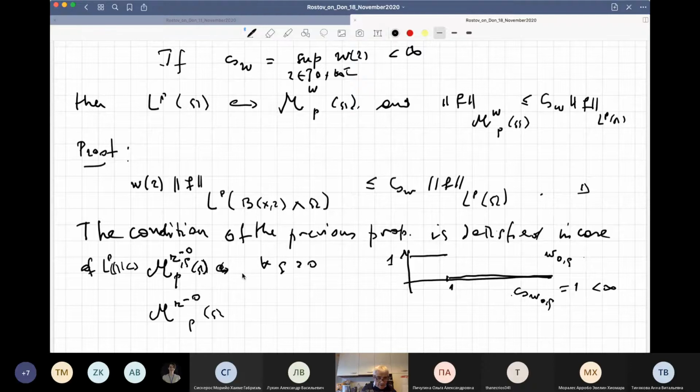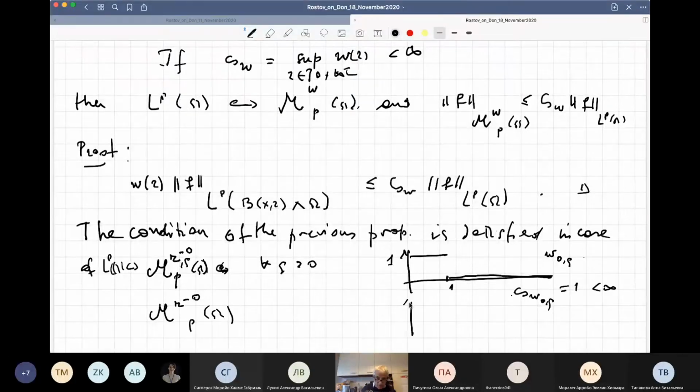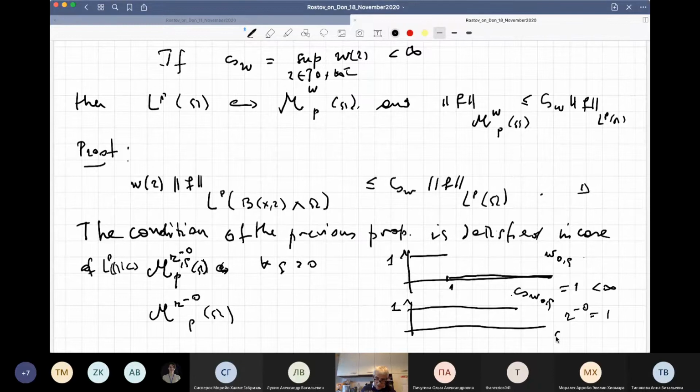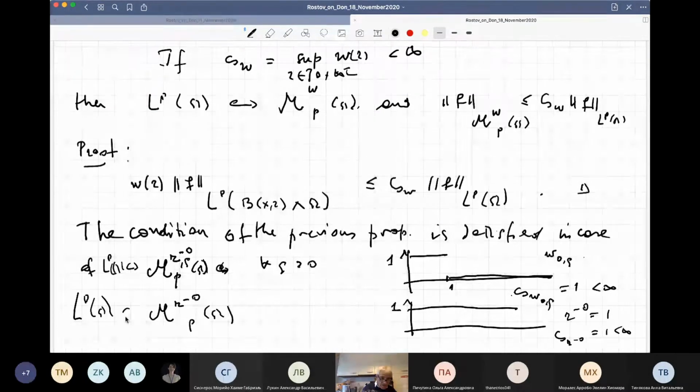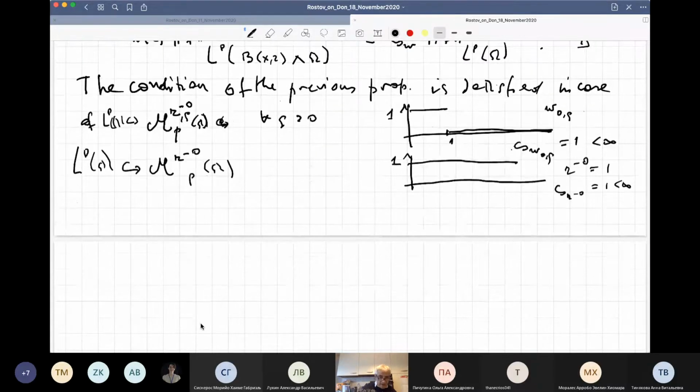And then the next example is this one, r to the minus 0. The corresponding weight is an easy exercise. This is identically equal to 1. And here you have the weight r to the minus 0, which is 1. And of course, the sigma of r to the minus 0 is equal to 1, less than infinity. So again, L p omega is continuously embedded in here. Then you have the last of our preferred examples.